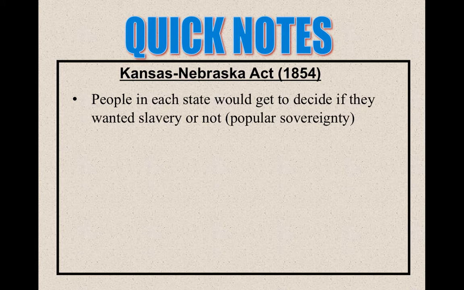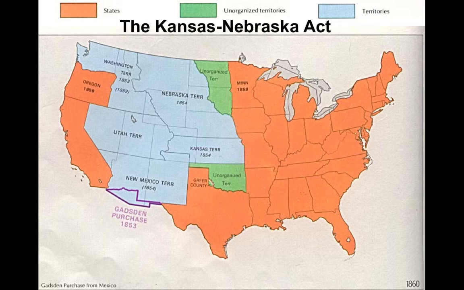Fighting erupts early, and it gets very, very violent. People die. Kansas becomes known as Bleeding Kansas, and we'll talk about that in our next episode when we look at some of the consequences of all of these things taking place and what happens next to send the country further down to war.